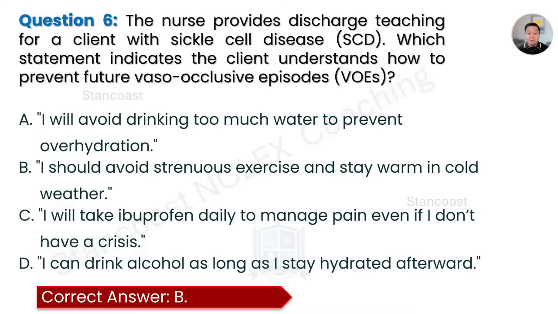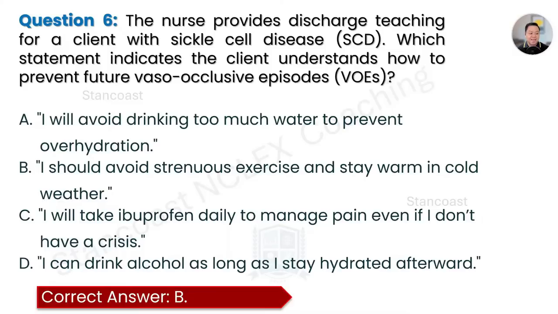Now, pain management is another priority intervention that should also be done to mitigate the patient's manifestations. But here, it's stating that the patient is taking daily ibuprofen to manage pain even if I don't have a crisis. So this is really a misleading statement.